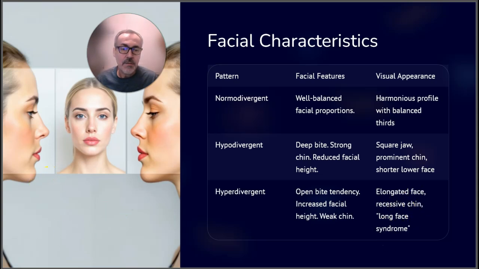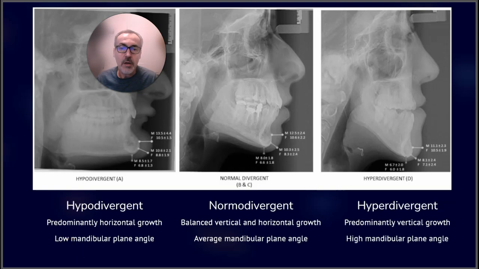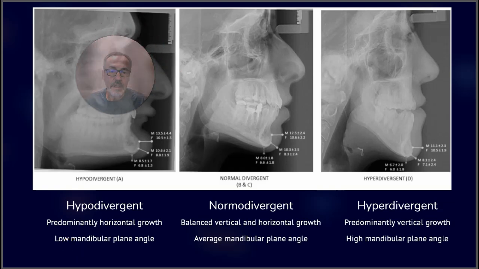Here's what the cephalometric x-ray would look like on a lot of these patients. So let me get my picture out of here. So classic hypodivergent: deep bite, strong chin button. The mandibular plane angle is pretty much parallel to the occlusal plane and parallel to the maxilla.